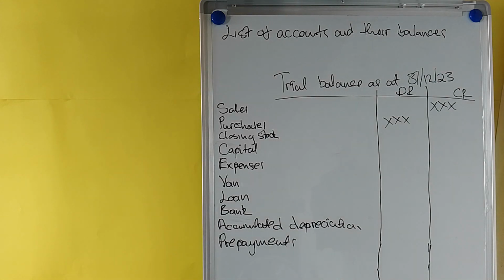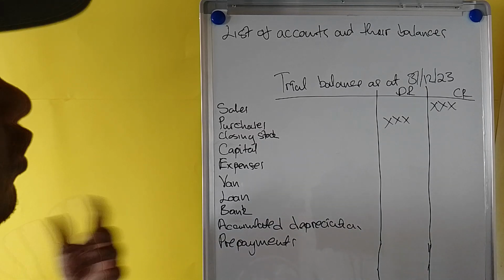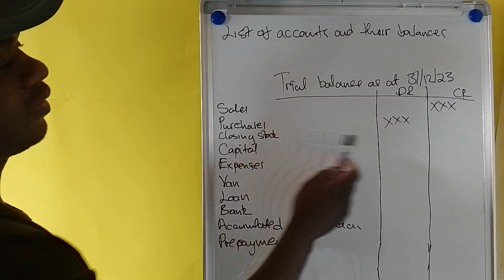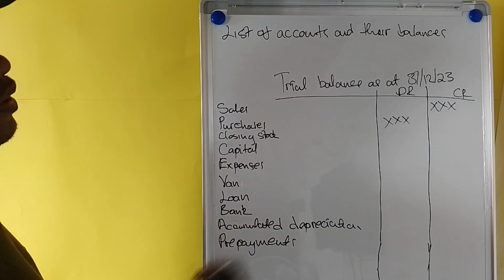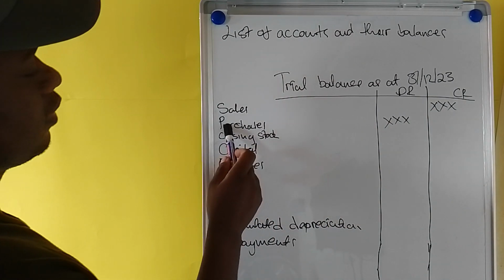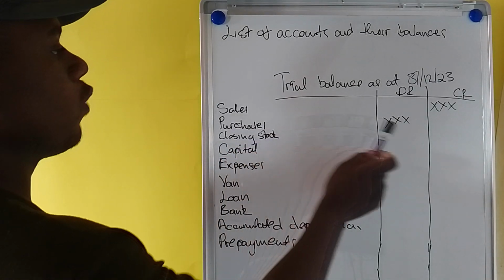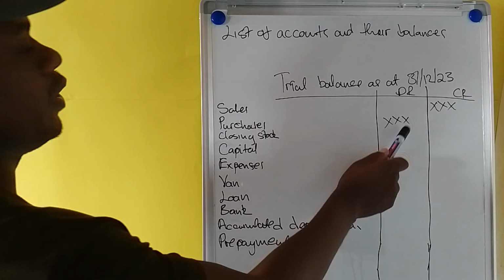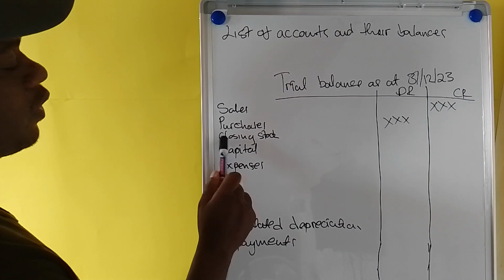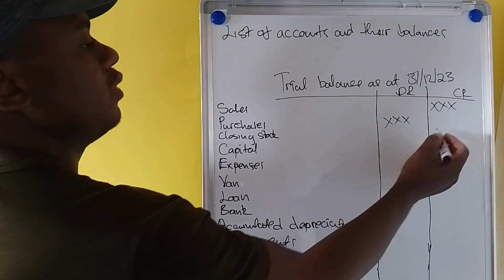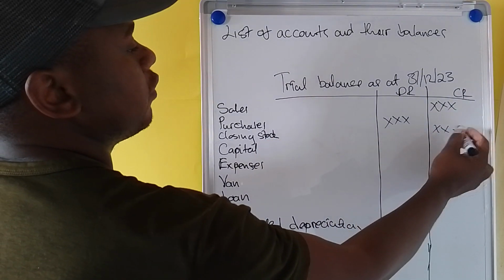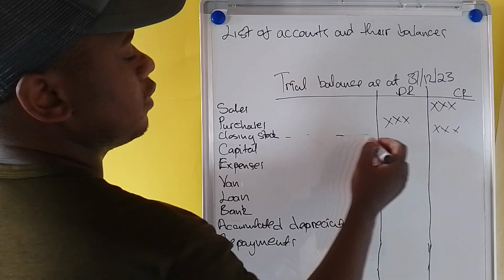Closing stock has a negative effect on purchases, so closing stock reduces purchases. If purchases have a debit balance, anything that reduces purchases has a credit balance. Because purchases with a debit balance are increased on the debit side, if we want to deduct closing stock, we go to the opposite side, which is the credit side. Let's just put our stars square there.